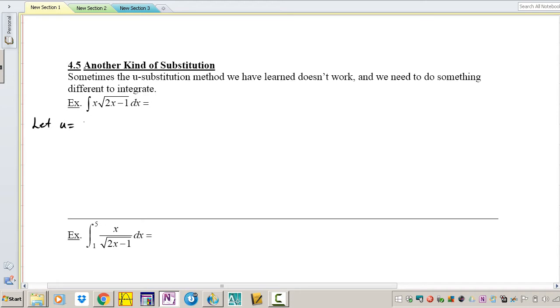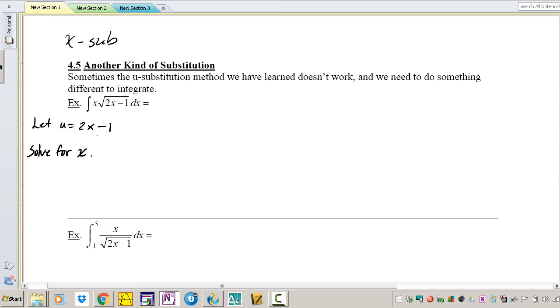How do we do this? We're going to let u equal 2x minus 1. This is another kind of u substitution. I like to call it x substitution, x sub, because you're going to see what we're going to do here. Let u equal 2x minus 1, but instead of letting it be solved for u, solve for x.